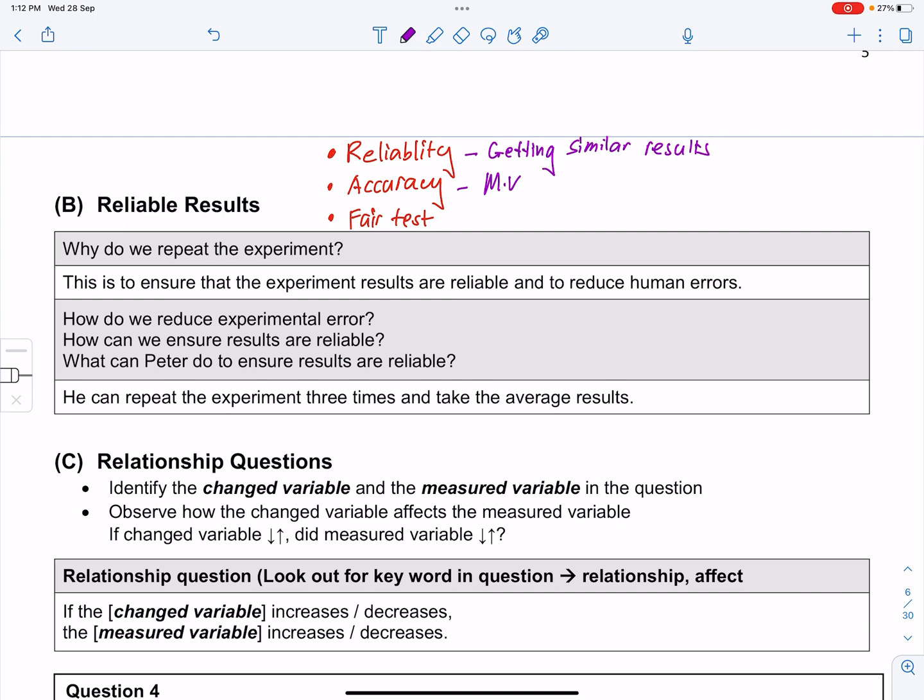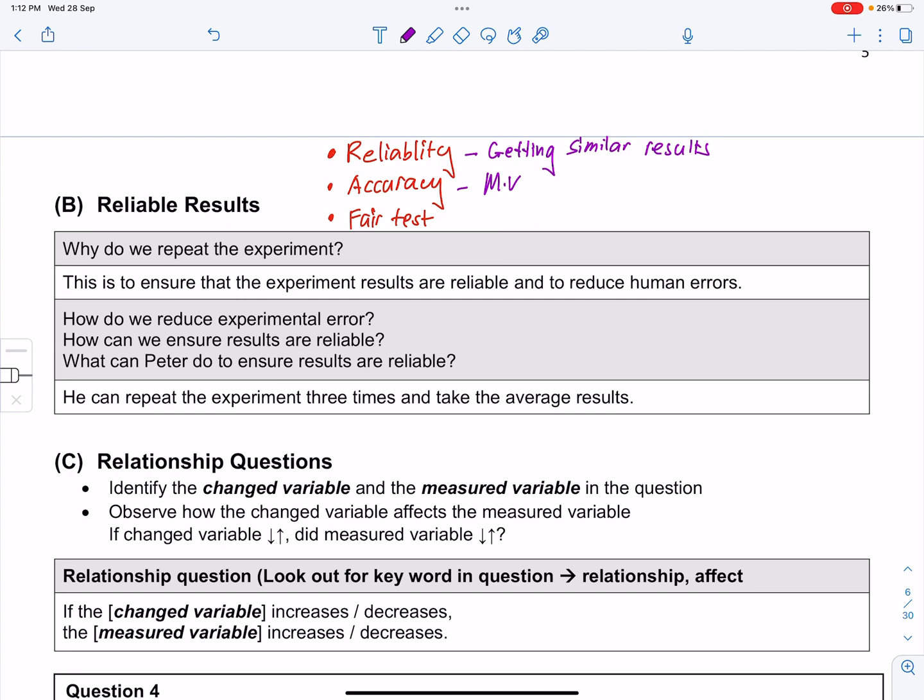Another example with this, if I give you a job of measuring how fast someone can run, I give you an analog stopwatch. Analog stopwatch means it's got the clock hands. The decimal place that you can have is 0.1 only. So for example, 10.1 seconds.